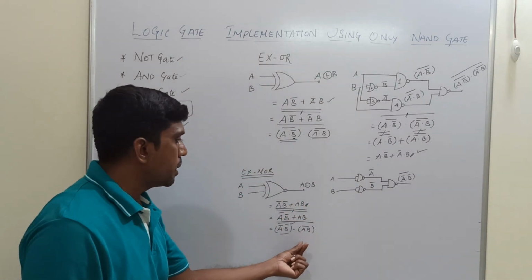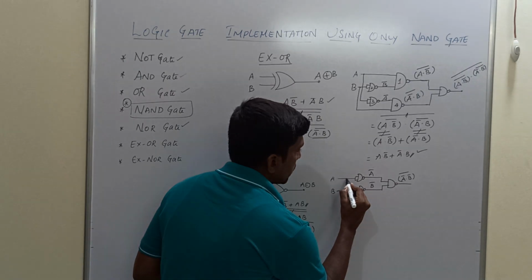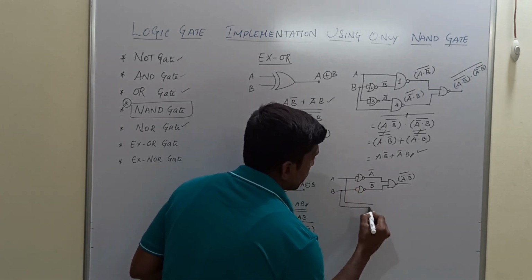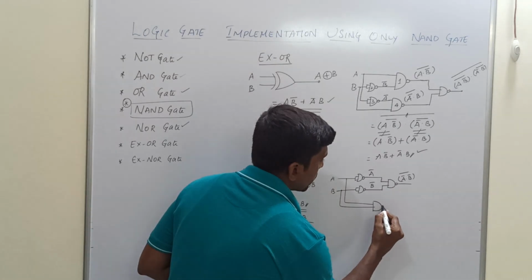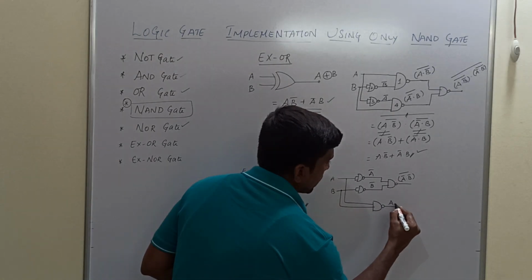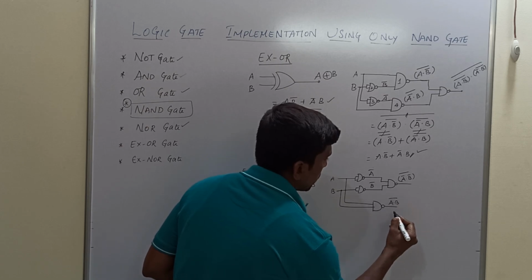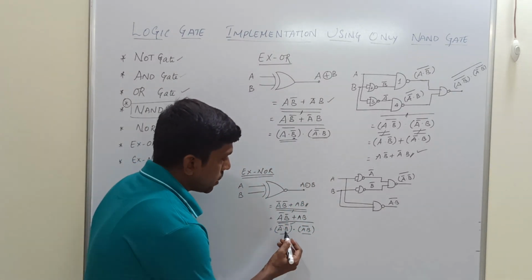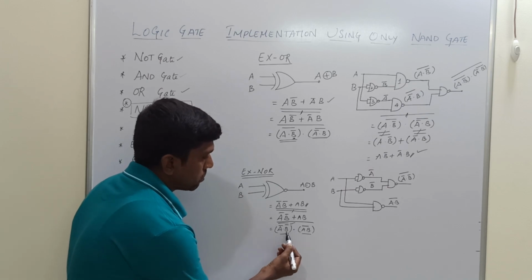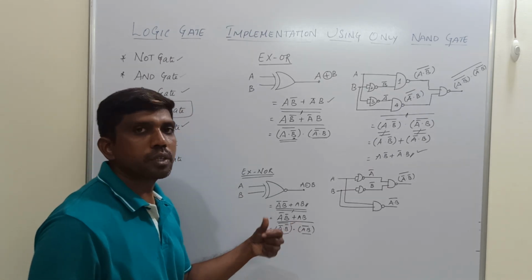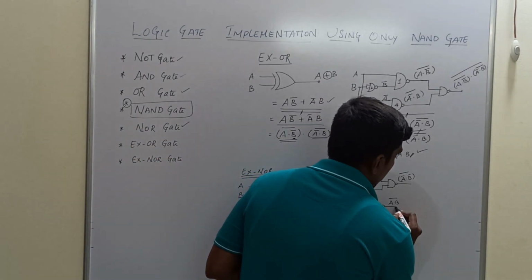The next one is A dot B the whole bar. I just take two inputs from A and B. These two inputs are connected to another NAND gate. So the output of the NAND gate is A dot B the whole bar. So now this term is also obtained. Just multiply these two terms, so apply the product between these two terms, then take the complement.